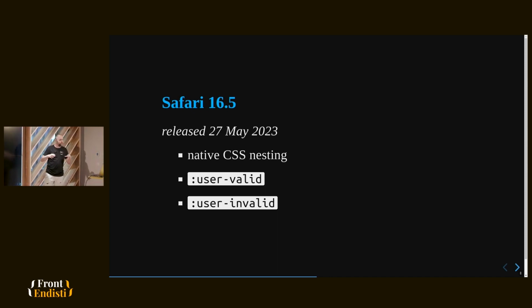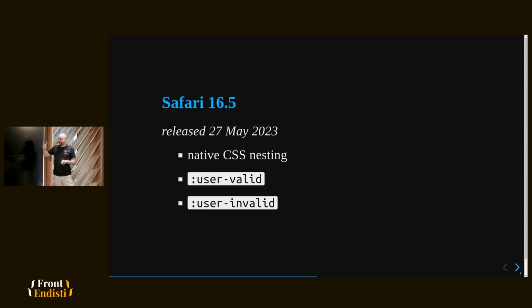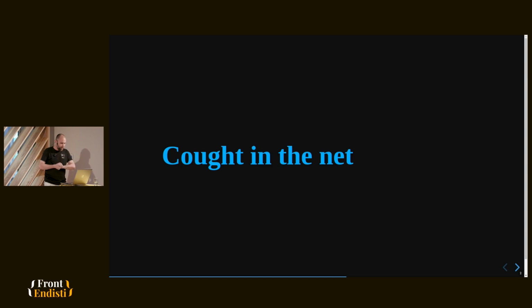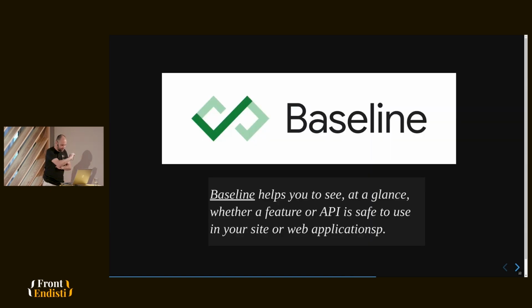So until you finish the input, it then validates the value you filled in and shouts at you that your email is not valid, or maybe marks it green that, okay, everything is fine. So this is fine. It is in Safari, and it is in Firefox already for a couple of versions back. So these are the browsers. And now what I caught in the net.